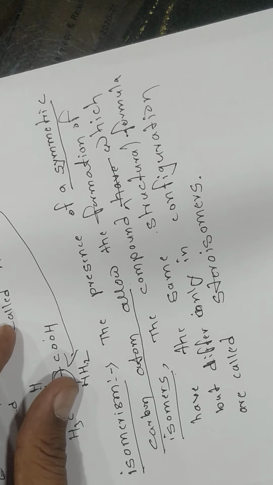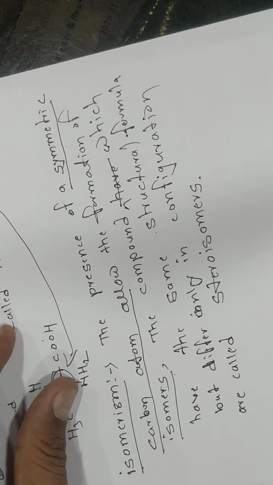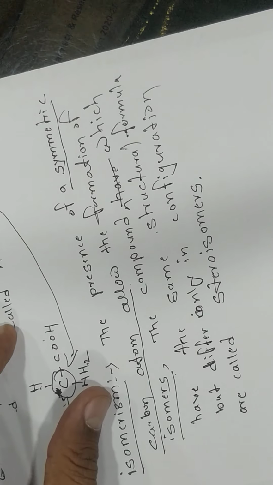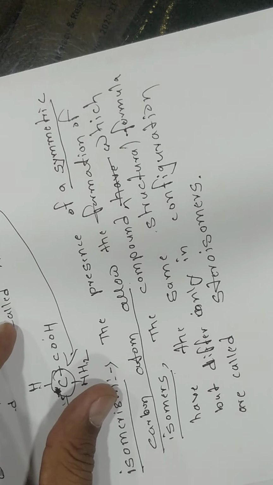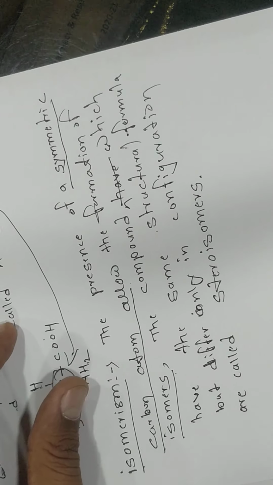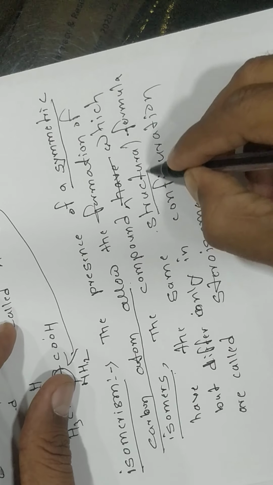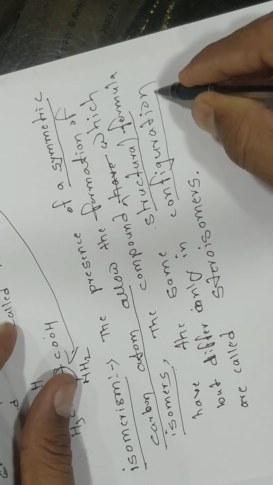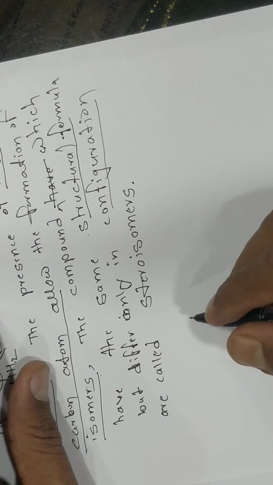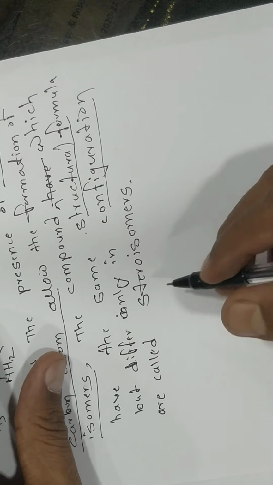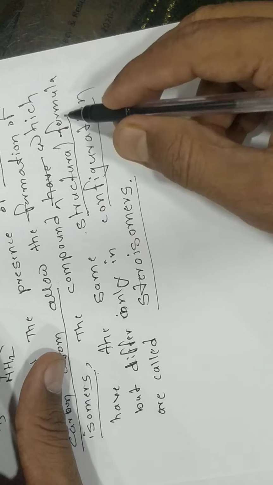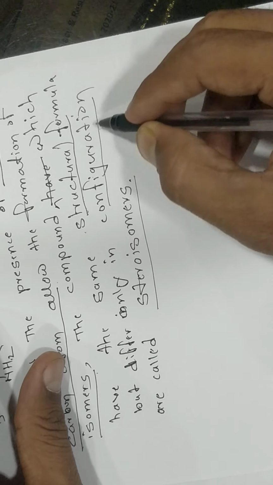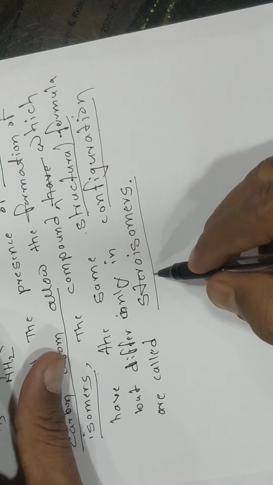The presence of an asymmetric carbon atom, a carbon with four different groups, allows the formation of isomers. Compounds having the same structural formula but different configurations are called stereoisomers.